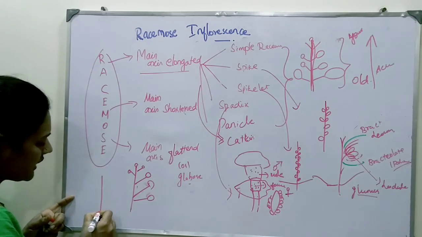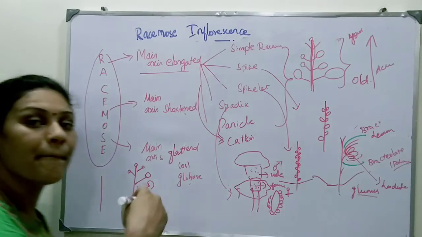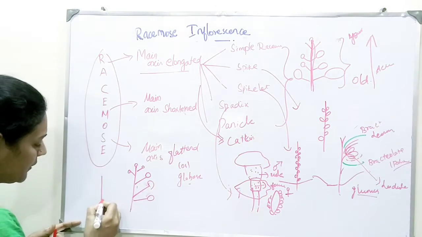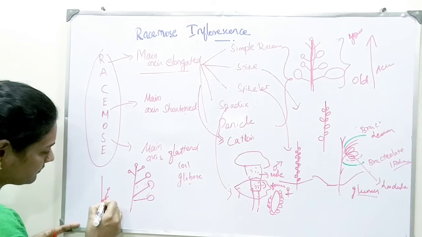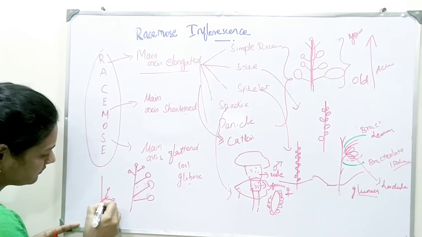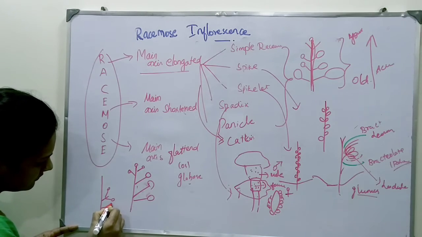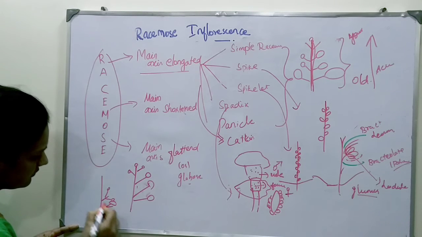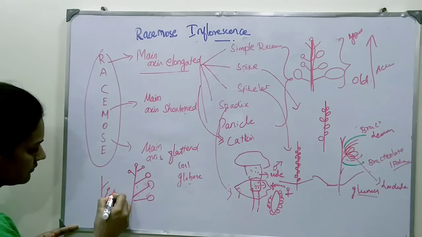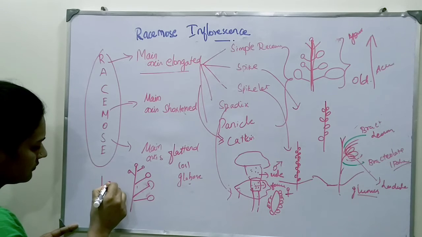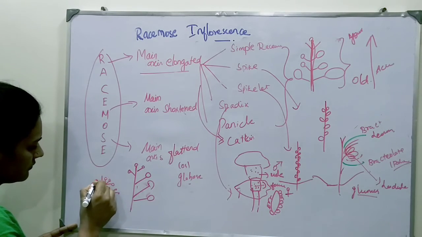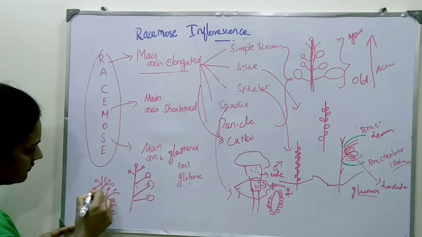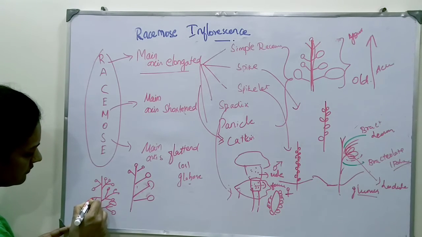If you take the raceme of racemes, or the panicle type, it has branches.